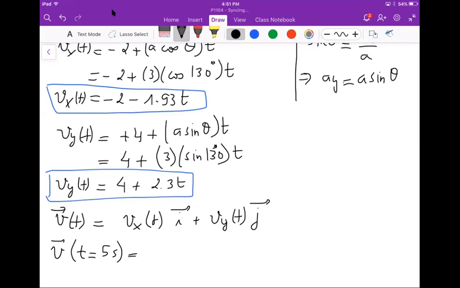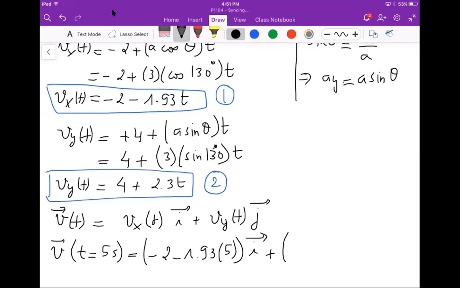Vx is equation number 1 and Vy is equation number 2. So instead of Vx, we write equation number 1 at time 5 seconds: minus 2 minus 1.93 multiplied by 5 along x, plus, instead of Vy(t), equation 2 evaluated at 5 seconds: 4 plus 2.3 multiplied by 5. And this is along the y-axis.